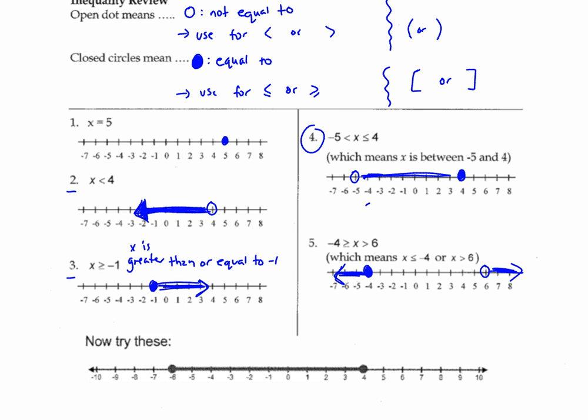So it's between -5, comma, all the way to 4, and 4 is a closed bracket, is the other notation. So this is called interval, this one here, and set builder notation.